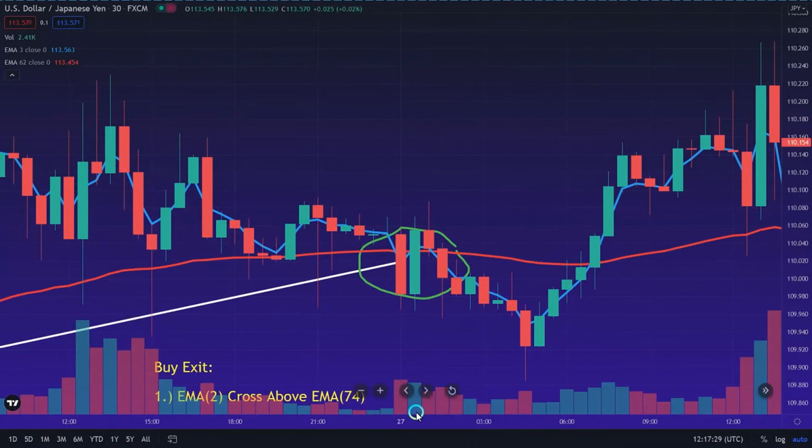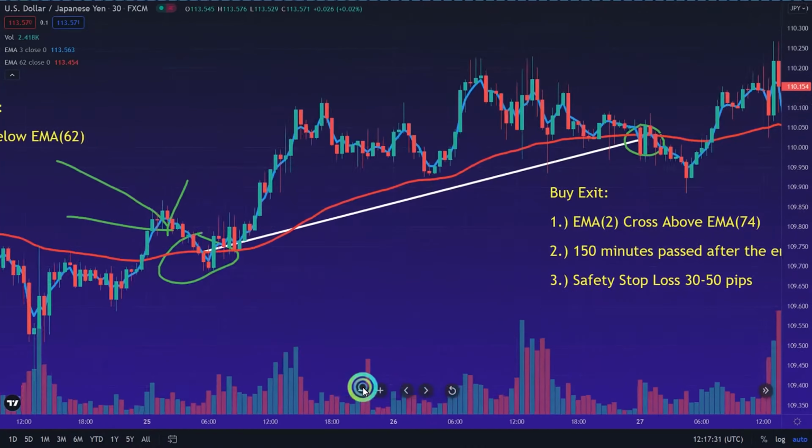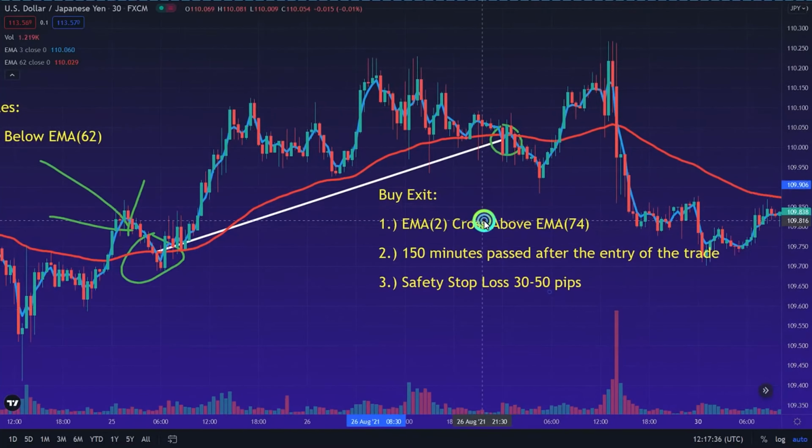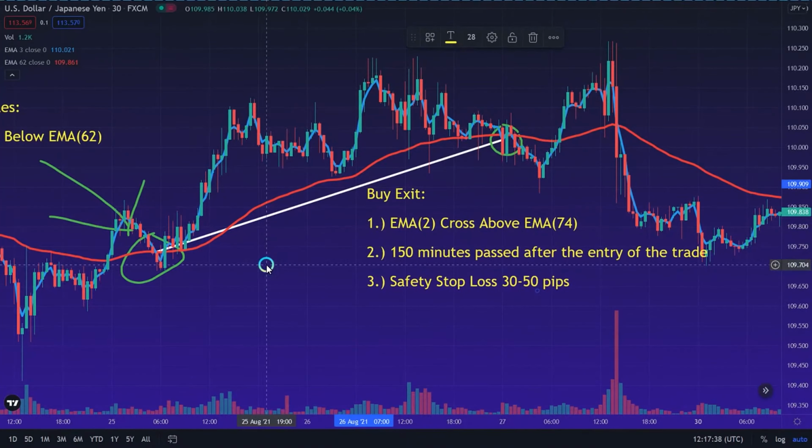So we closed our trade, and it was actually quite a nice trade, in my opinion. So yeah, now I will show you some examples for the sell entry and sell exit rules.